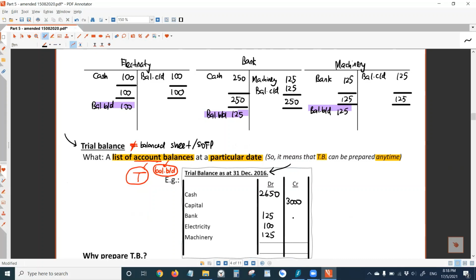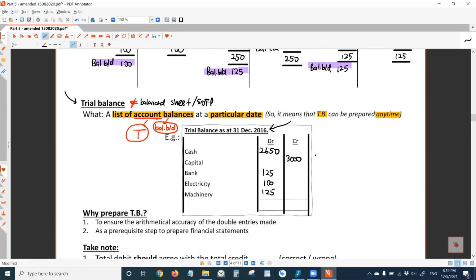So that's how you prepare the trial balance. When you are done plugging in the numbers, you have to total up both the debit column and credit column, like what I'm doing here. The totals must be equal to one another.